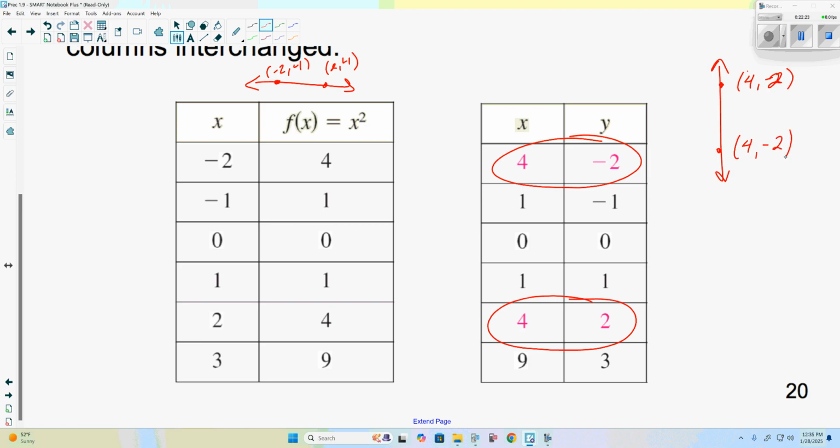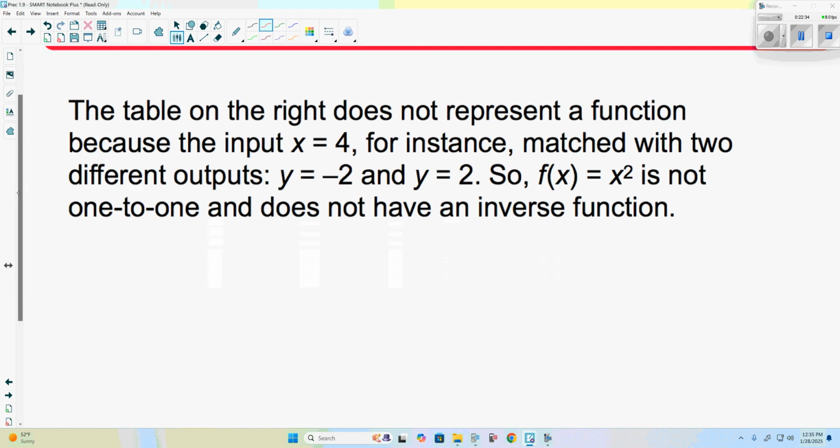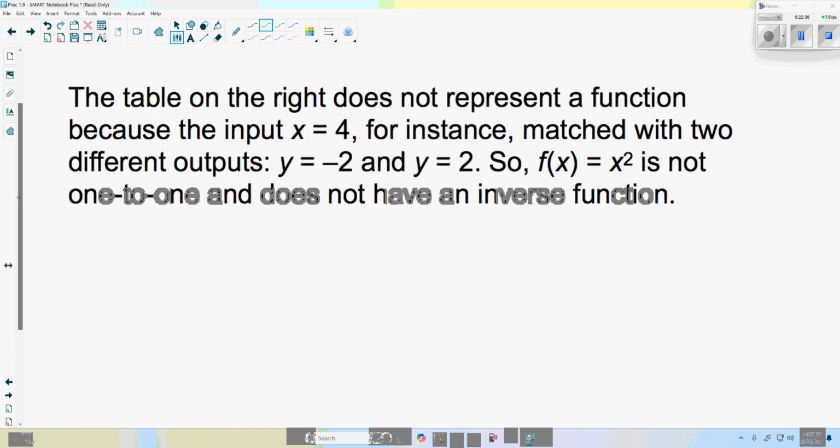It's going to cross the same spot at more than one point. We can still have an equation for the inverse, it's just not going to be a function. The table on the right does not represent a function because the input 4, for instance, matches with two different outputs.